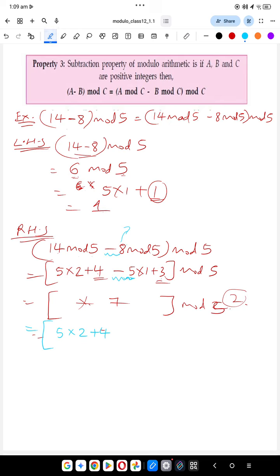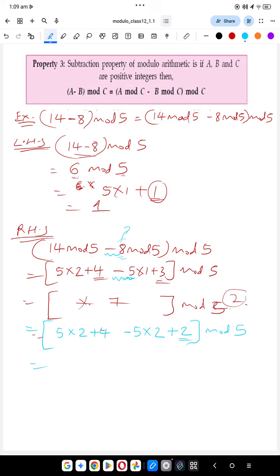So how will it be done? It would be the number which is just greater, so minus 5 into 2, which is minus 10, and minus 10 plus 2 is minus 8. So this value, and then modulo 5.